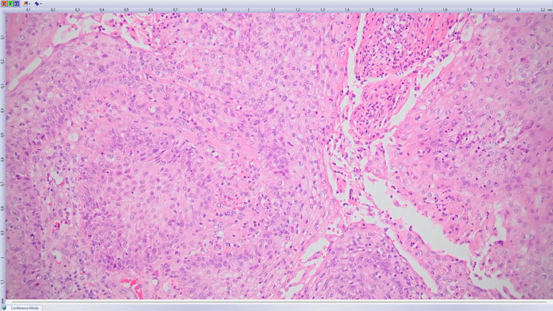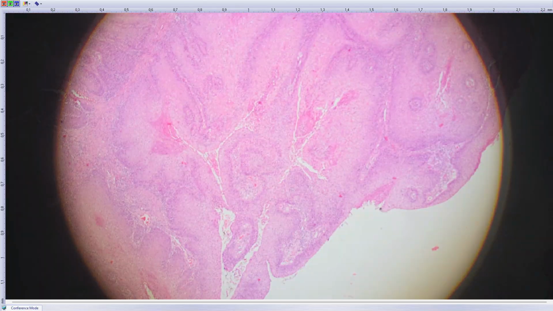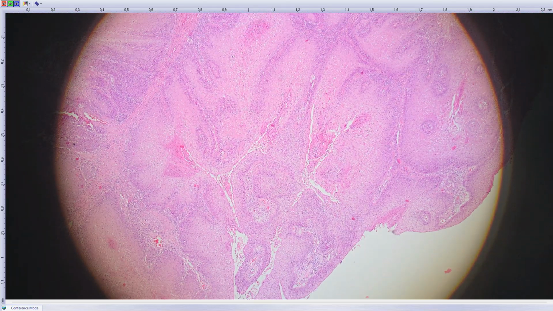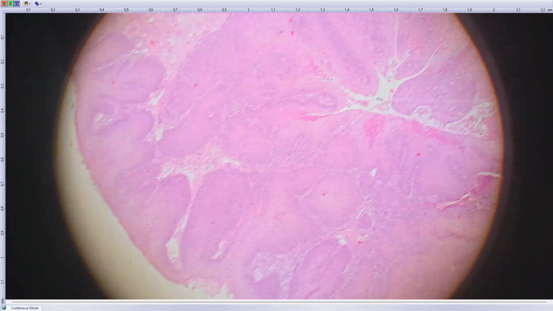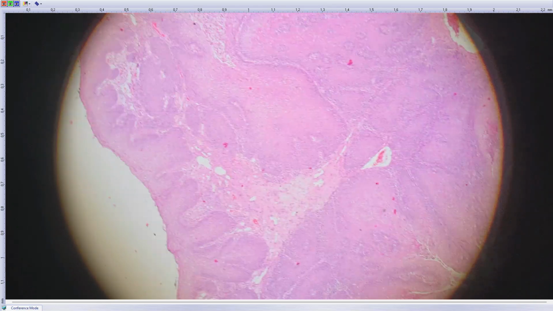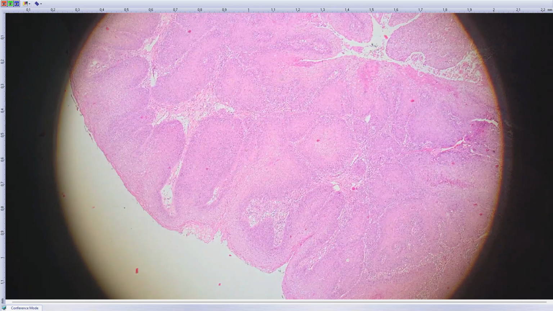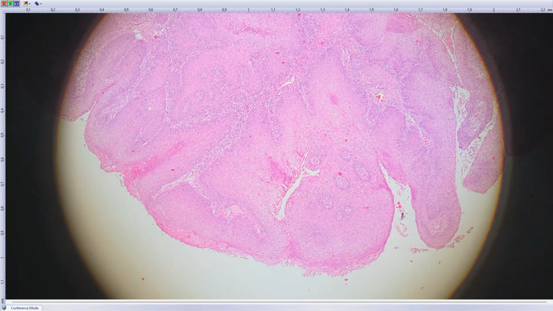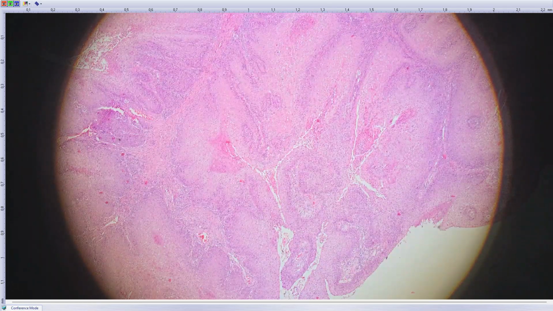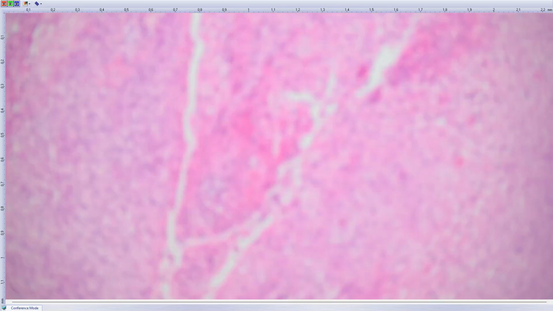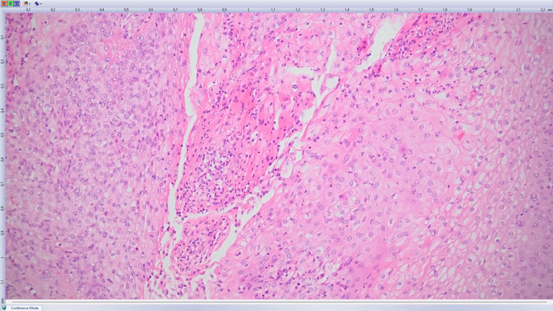a 70-something-year-old lady with quite a big tumor in her mouth. So it's a lesion of the mucosa in her mouth, and although the biopsy is not very well oriented, you can see it's squamous and it's something exophytic, something endophytic, and if we go to higher magnification, the squamous epithelium is not very much atypical.